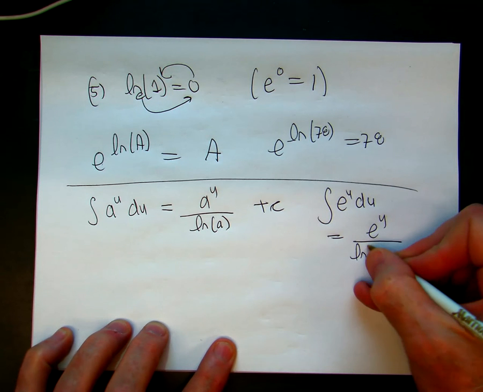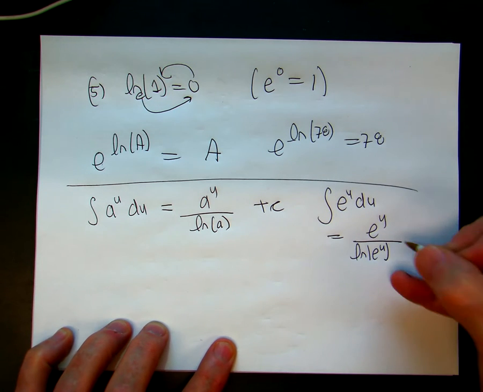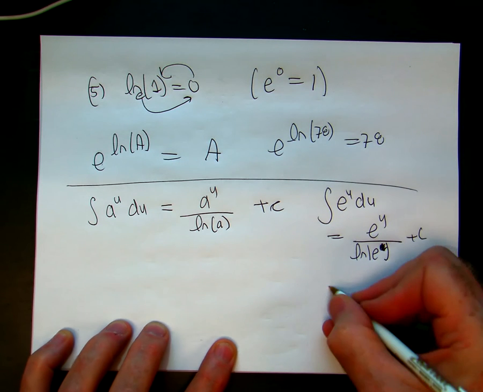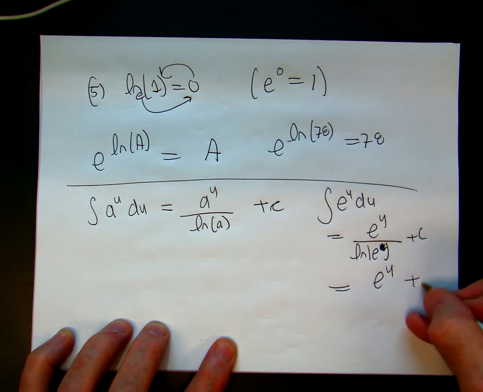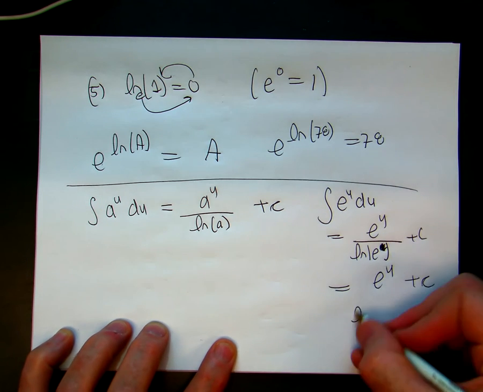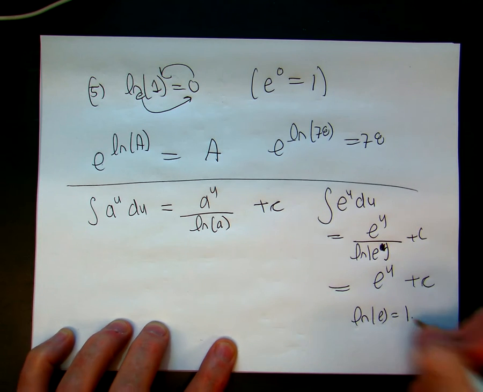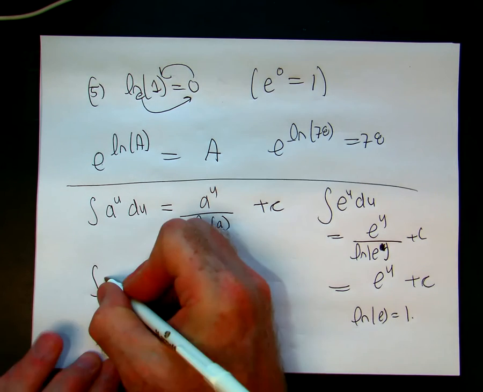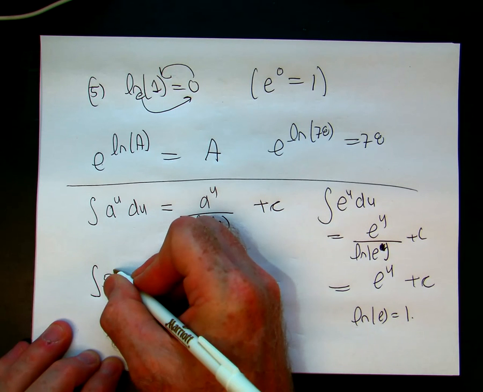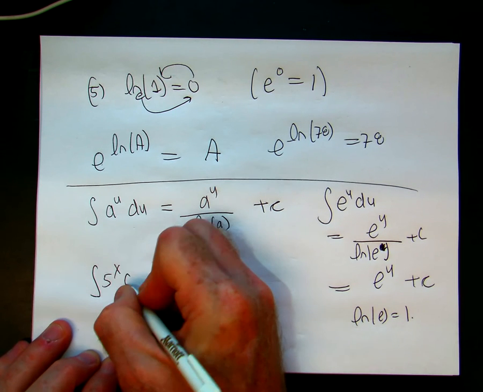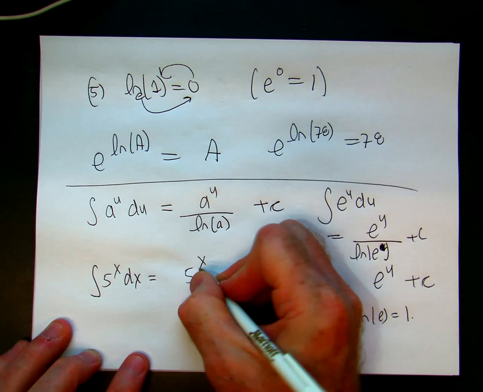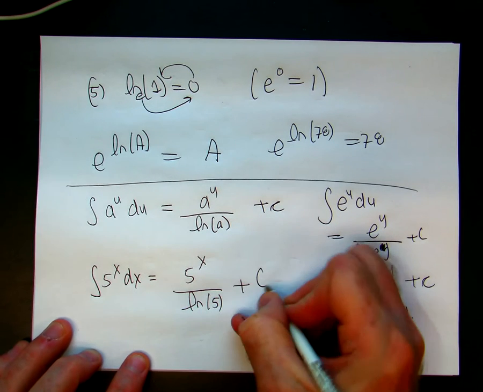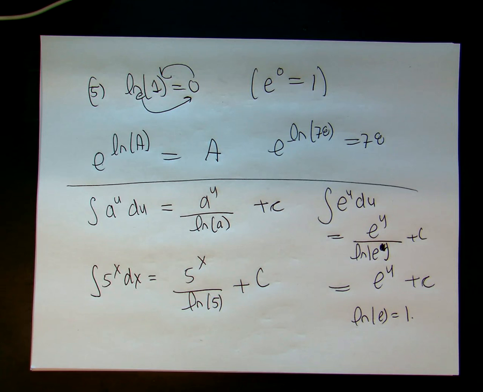We get e to the u over log e, plus c, and that's equal to e to the u plus c because log of e is 1. So this is really just a generalization for this. For example, we'd have the integral of 5 to the x dx. Well, it's going to be 5 to the x, just like e to the x, but you divide by the log to compensate for the fact that it's not quite e.